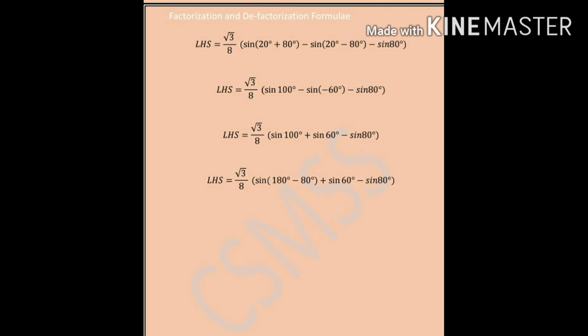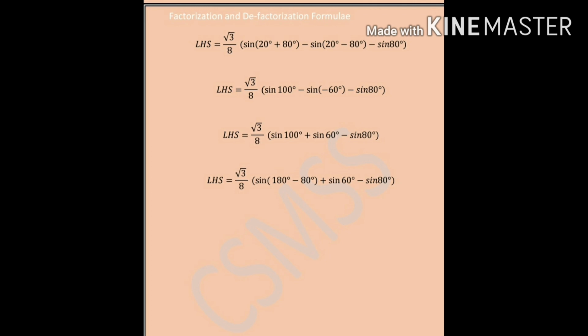Therefore LHS equal to root 3 by 8 in bracket sin of 100 minus sin of minus 60 degree minus sin of 80 degree. And we know that sin of minus theta equal to minus sin theta, therefore LHS equal to root 3 by 8 in bracket sin of 100 degree plus sin 60 degree minus sin of 80 degree.